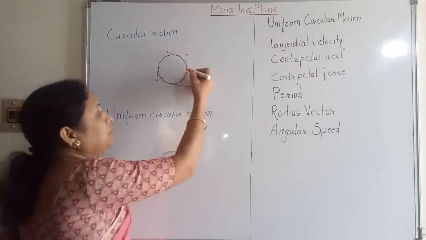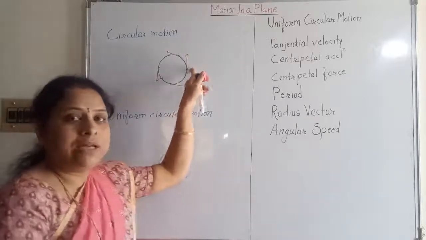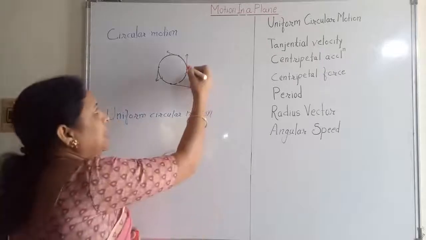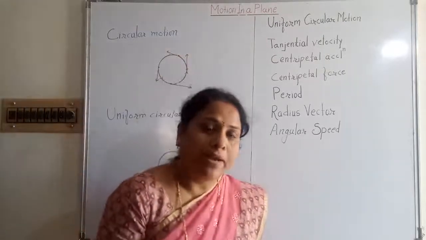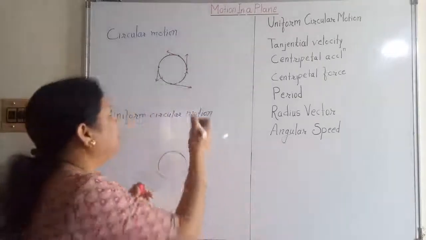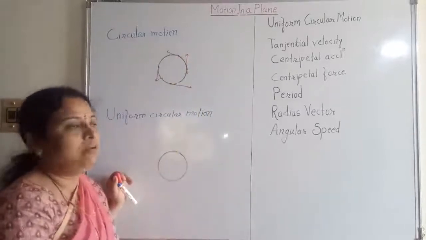So this tangential velocity has magnitude as well as direction. Here the direction is along the tangent. When we consider only the magnitude of that velocity, it is called speed. We can call it linear speed, and that is the tangential velocity.